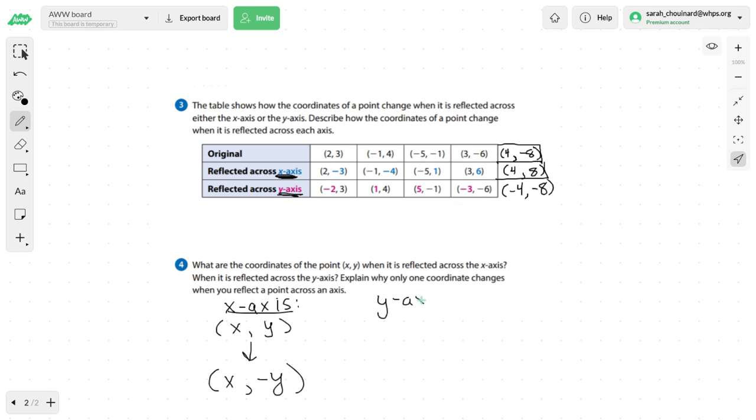If it's a y-axis reflection, and we start with x, comma, y, y stays the same, but x becomes opposite. Only one coordinate is changing because we're only doing one reflection. If we did a double reflection, x and y at the same time, then it would be opposite of x and opposite of y.